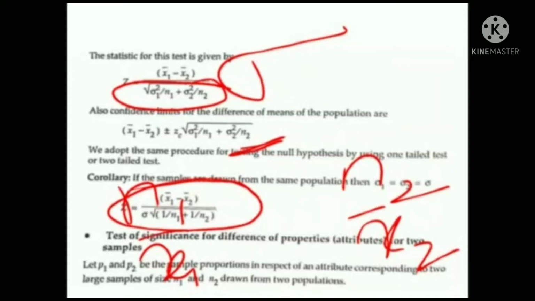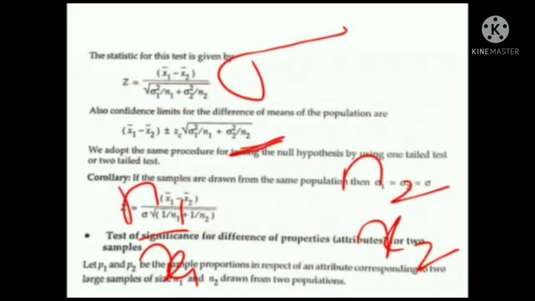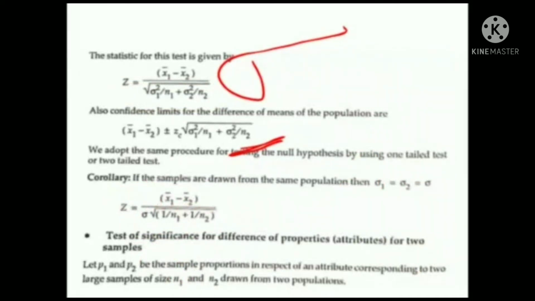Hence, the numerator will be the same, and the denominator gets simplified to sigma into under root of 1 by n1 plus 1 by n2. That is how the formula is going to change, and this happens only when we are considering two different samples of one population.